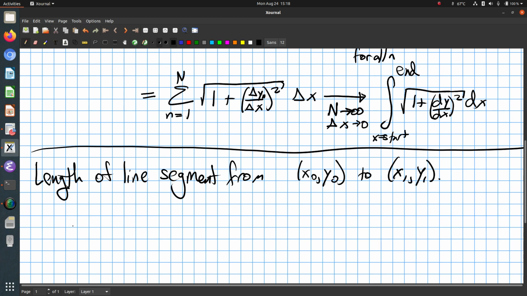In order to do that, we need an equation of the line. You could write that in a variety of forms. Let's just use point slope form.